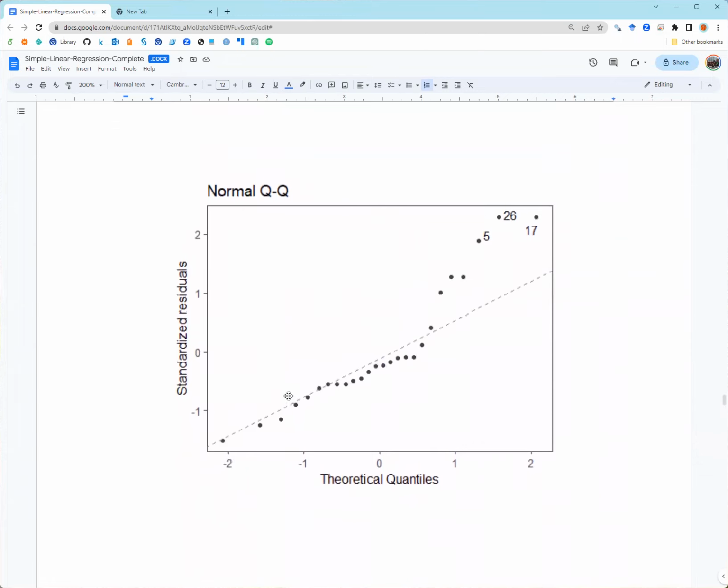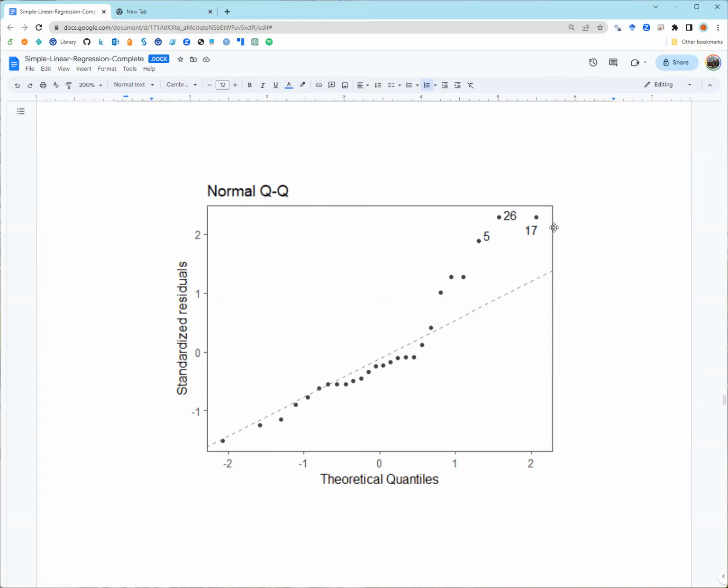If normality is met, all of the points should fall closely to the diagonal line through the 0, 0 point here, through the origin. Okay. And some random scatter is okay. Like here, these points are all fine. They don't have to fall perfectly on the diagonal line. It's just roughly around it.